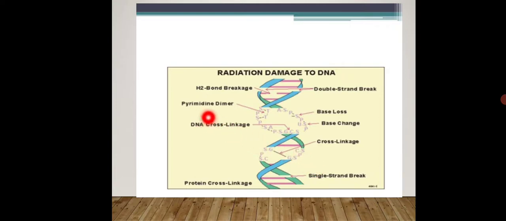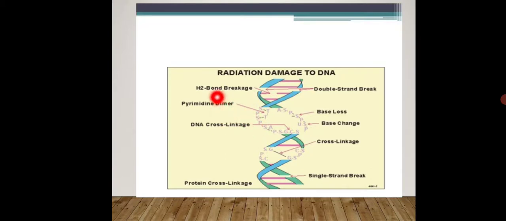It may cause the formation of a dimer. Dimer means instead of complementary base pairing, there is adjacent base pairing. Usually there is formation of a thymine dimer, because there is adjacent base pairing between the thymine nucleotides.